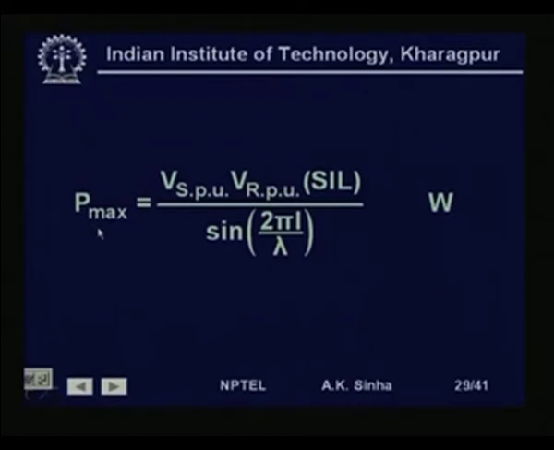Or P max is equal to Vs per unit into Vr per unit into surge impedance loading divided by sin 2π L by lambda, where lambda is the wavelength of the line and L is the length of the line.